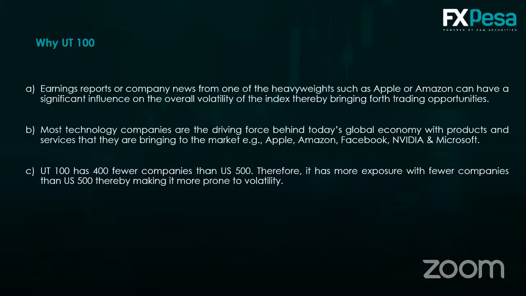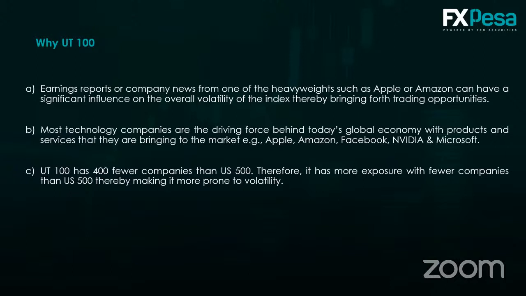Then the second thing is that earnings reports or company news from one of the main tech companies, some of which we've mentioned above, like Apple and Amazon, they can tend to have a significant influence over the overall volatility of the index, thereby bringing forth opportunities for traders to partake in this index.